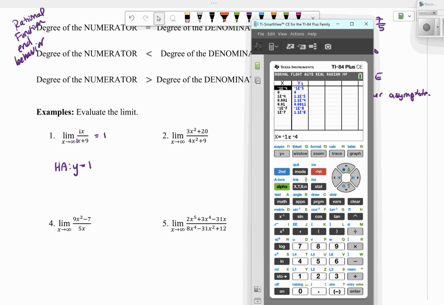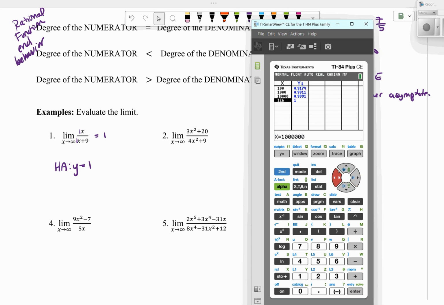I'm going to delete these values out. So I'm looking at x values that are getting very large. The larger and larger x values I plug in, you can see that our y value starts to approach 1. So it's just getting closer and closer to 1.